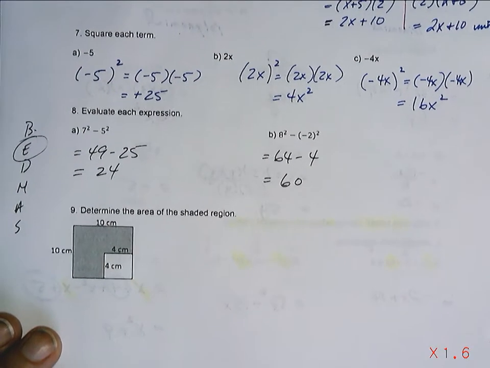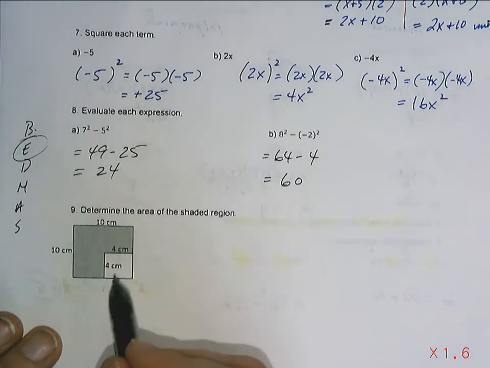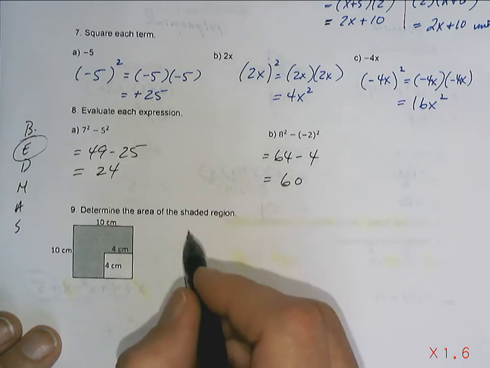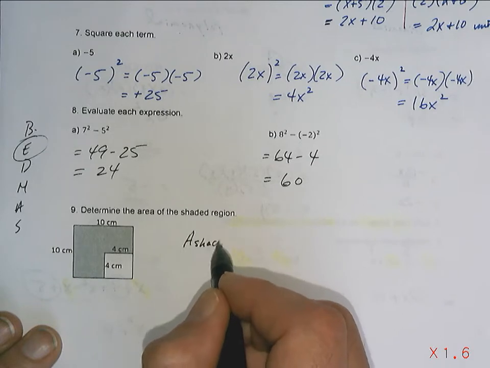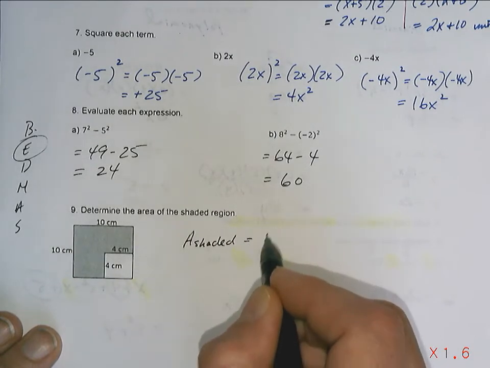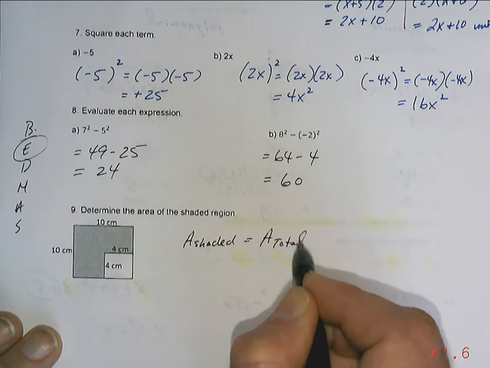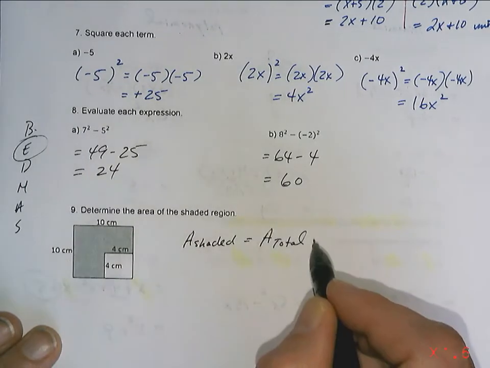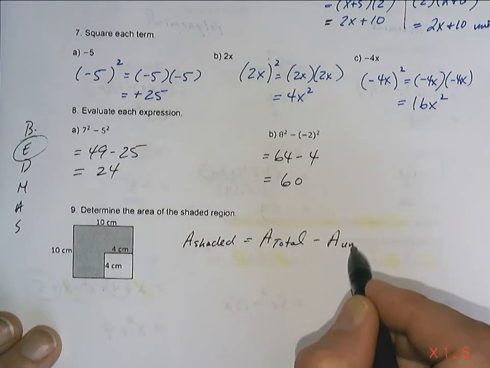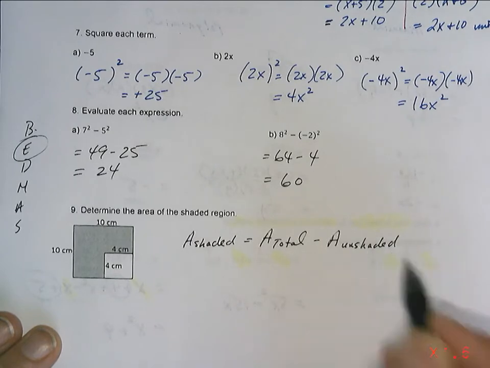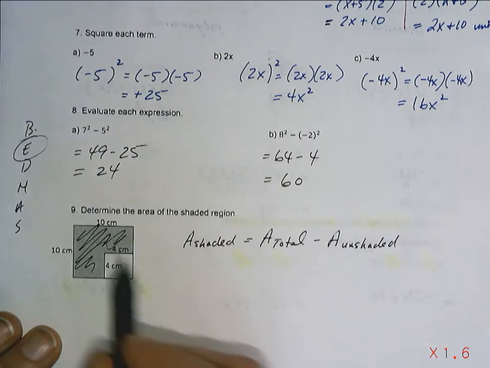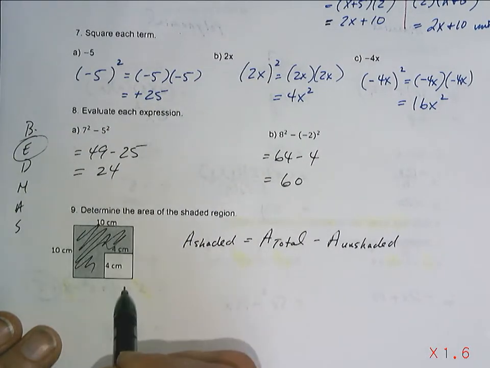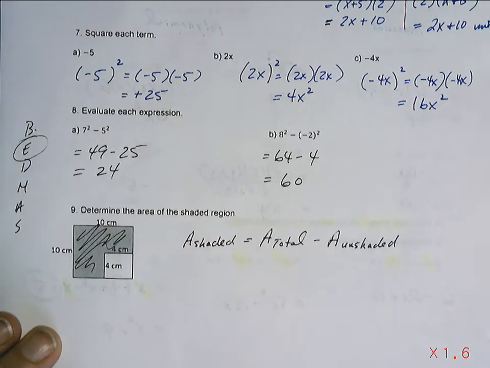The last question is asking us to determine the area of the shaded region. We give these questions to you all the time. What you want is to figure out that the area of the shaded region is going to equal the total area, so the whole area, minus the area unshaded. So the area shaded, this part, is going to be the total area subtract the area not shaded.